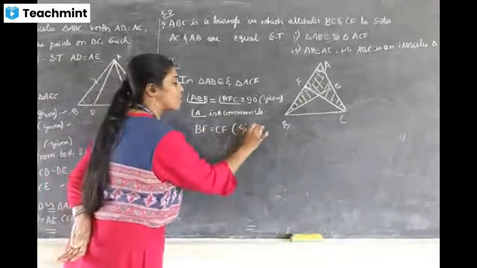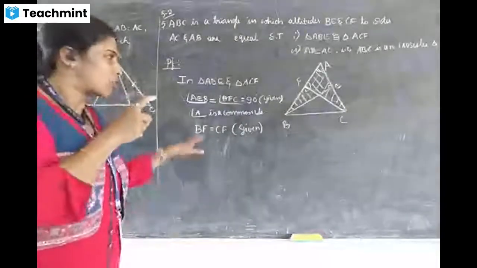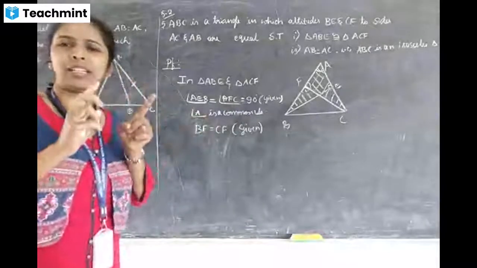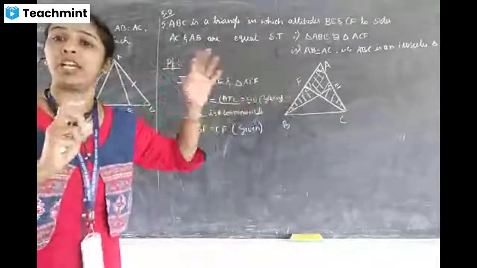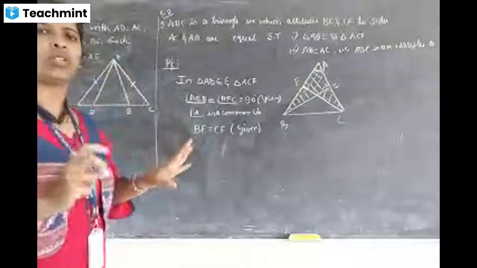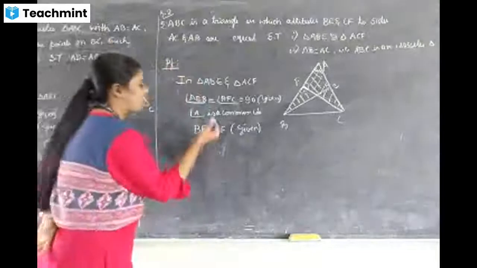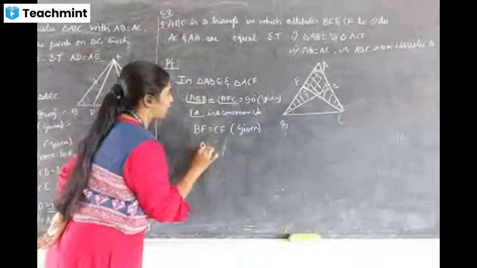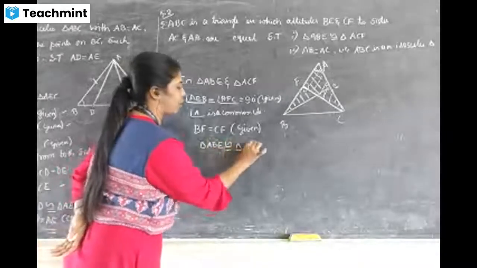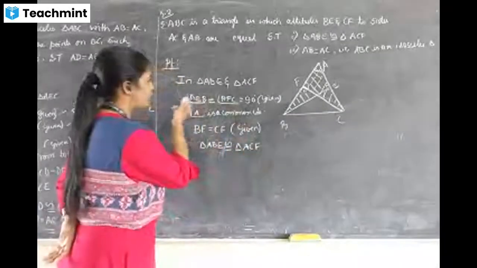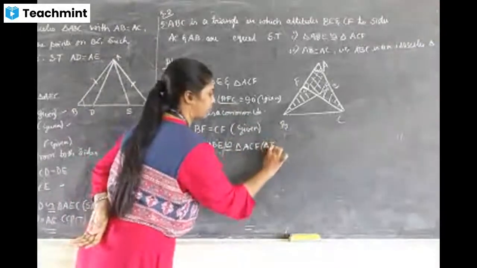It's given. Always you must read the question twice or thrice, because in a question like this, one or two things they are giving, either in the question or in the figure they will mention they are equal. One more we have to find out. Therefore triangle ABE is congruent to triangle ACF by AAS.